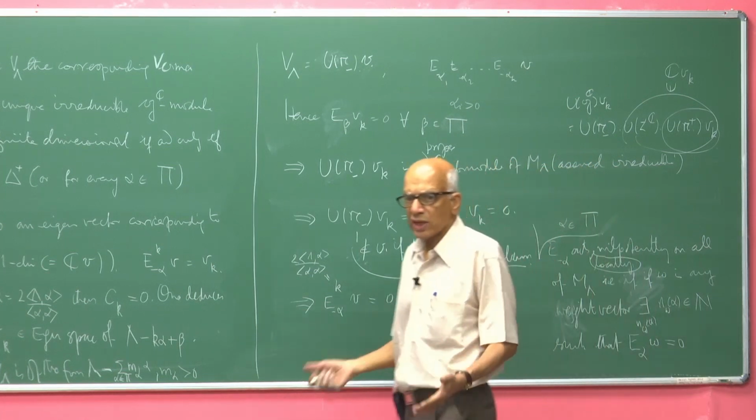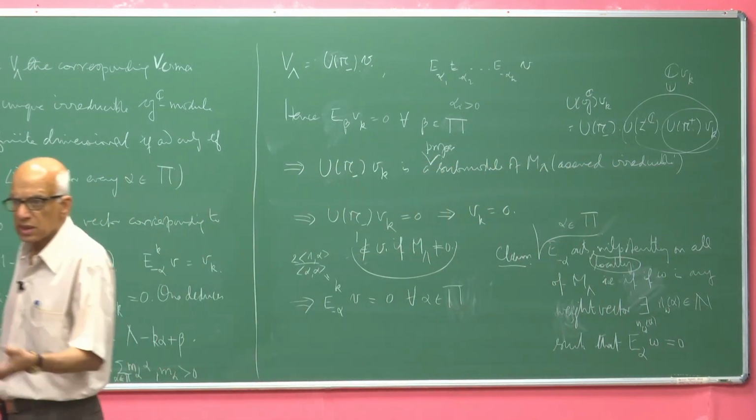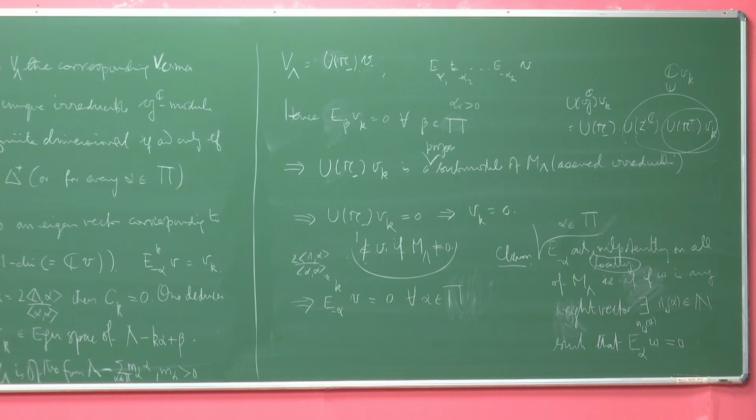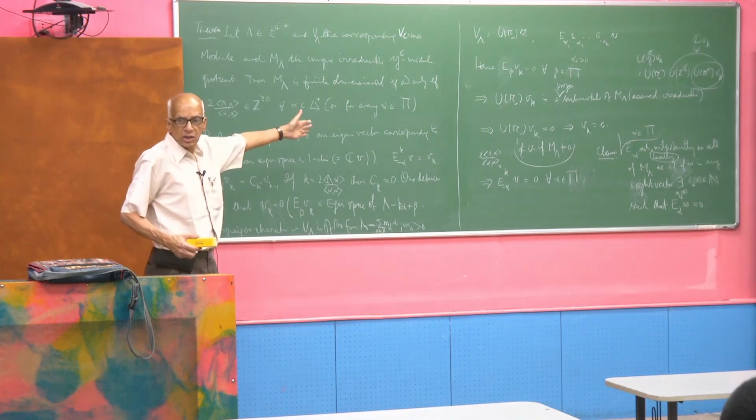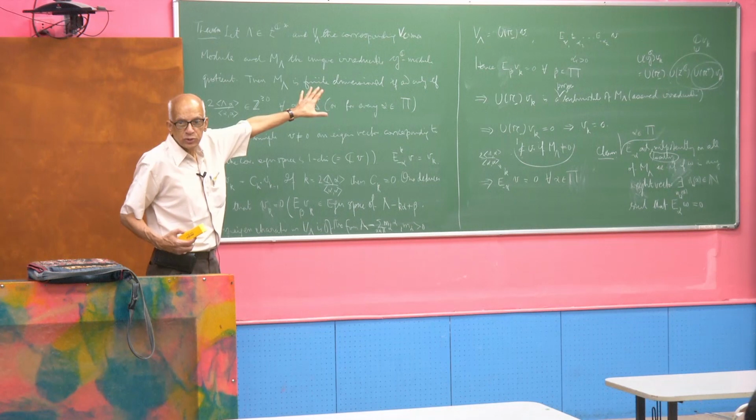Some power of E alpha will annihilate any given vector. The power may depend on the vector. That is why I do not want to call it nilpotent, because it depends on the vectors. That is why it is called locally nilpotent, which is the terminology usually used.